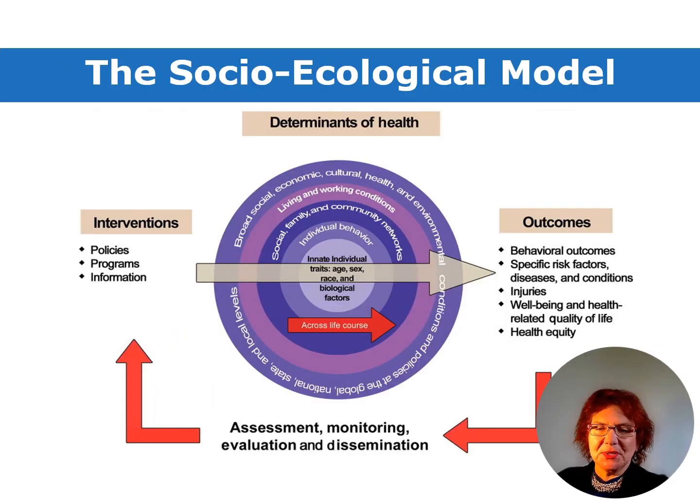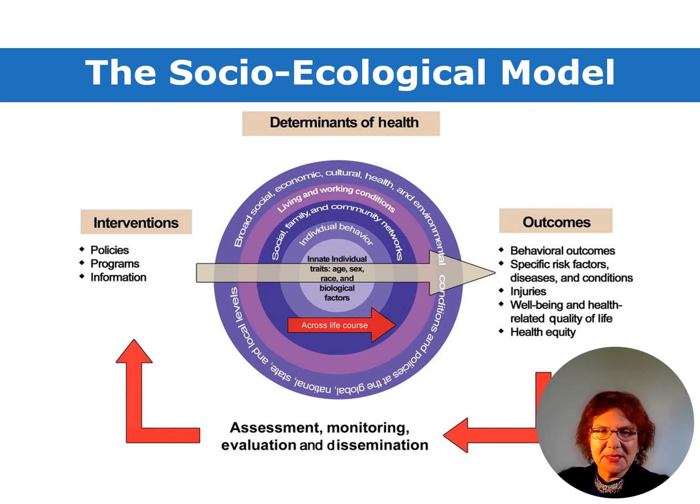So one of the models we use in public health, and you'll see this in several of your classes, is the socio-ecological model of the determinants of health. And what this model basically says is that what determines how healthy we are depends on, yes, our individual attributes, but also depends upon things larger than ourselves, depends upon what our communities, our neighborhoods, our living and working conditions, the larger environment, and that these things together determine our health status.